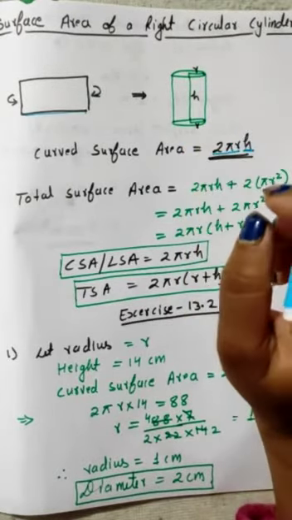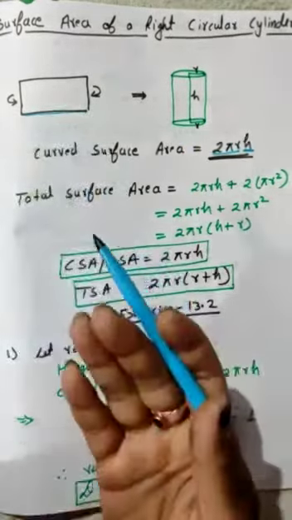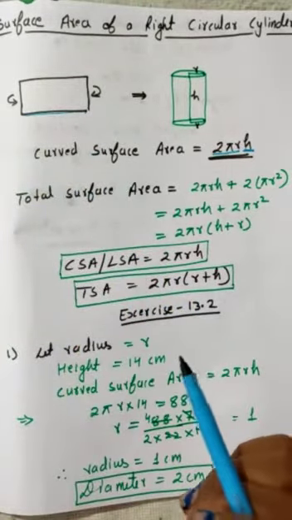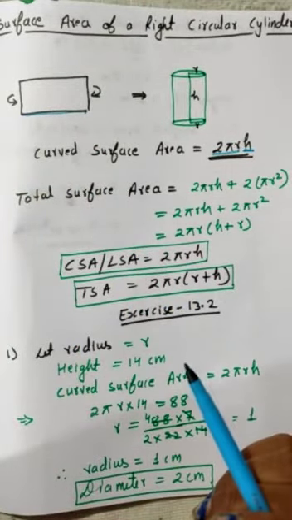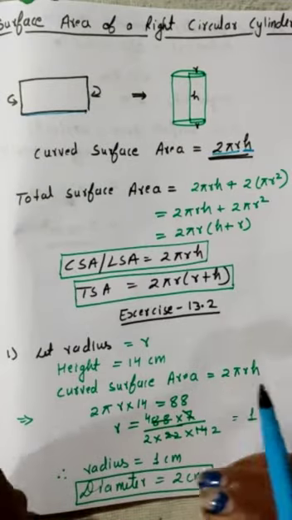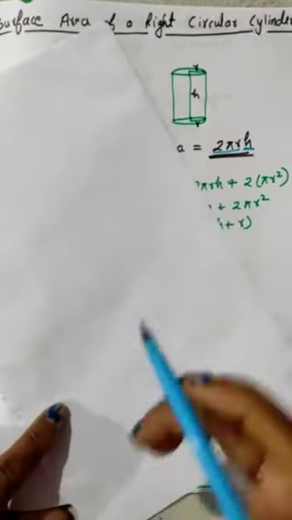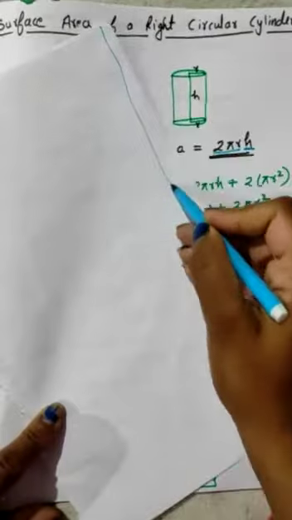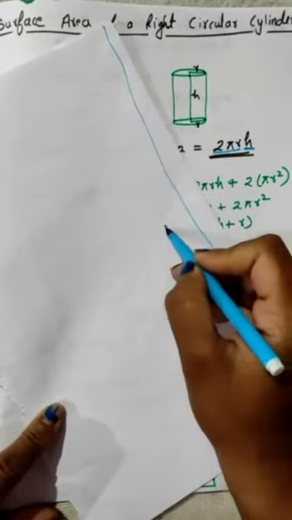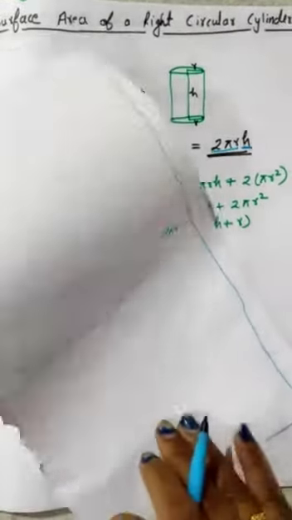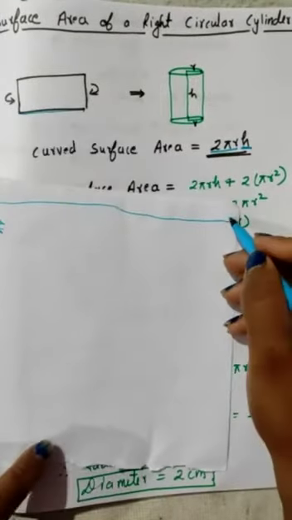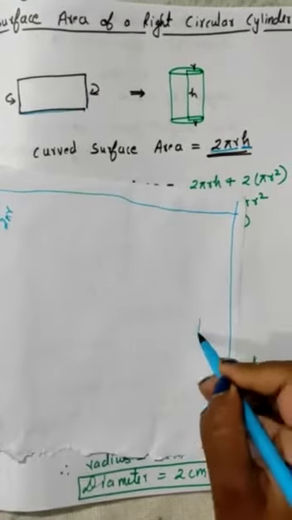When you make a cylinder, you will observe that the top and bottom of the cylinder will be in the form of a circle. So here you can see this complete length is 2 pi r. Okay, I will tell you why. And this complete width is h.